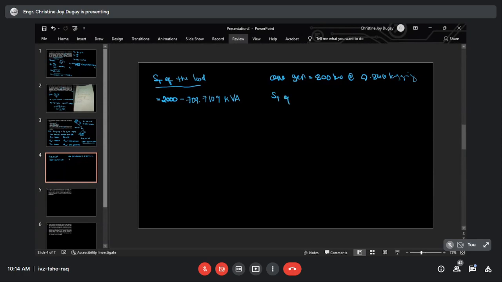Now the S total of the supply: let's say that is generator 1, Gen 1, which has a value, and Gen 2 is the unknown, the one we are looking for. So for Gen 1, the P is 800, or S1 at Gen 1 is equal to 800. What is the value of Q here?